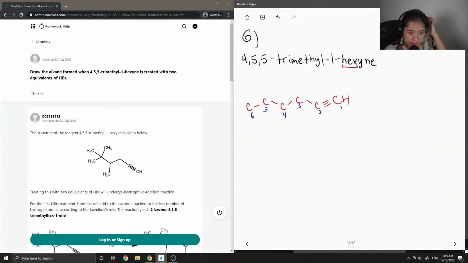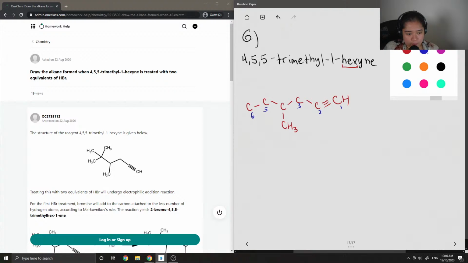And there are 3 methyl groups. There's 1 on carbon 4, I'm going to draw it down here. So there's 1 methyl group on carbon 4, and there are 2 methyl groups on carbon 5.